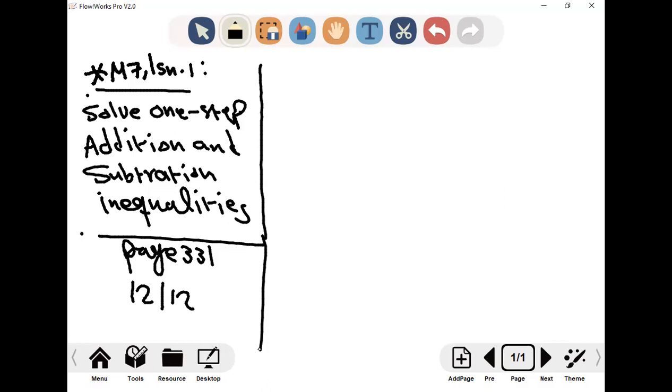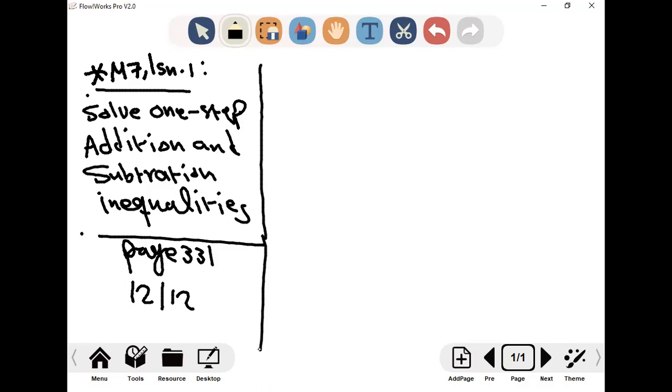So what's the equation? I'm asking about the equation, not inequality.